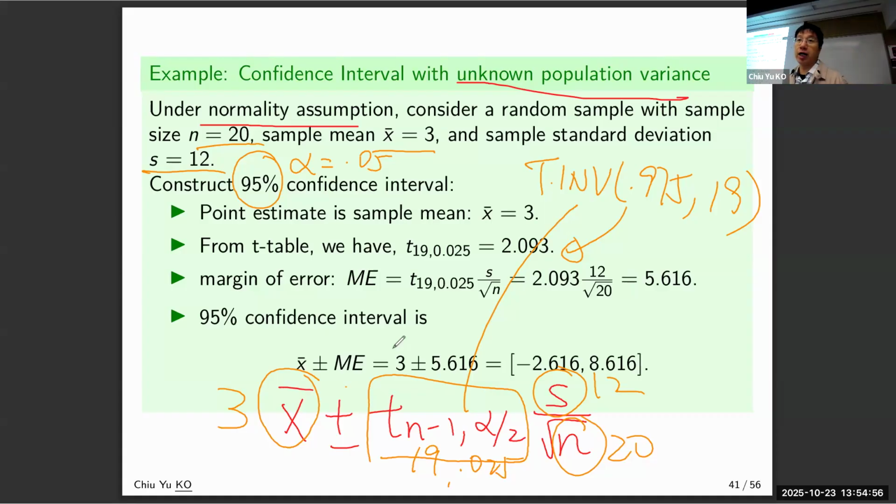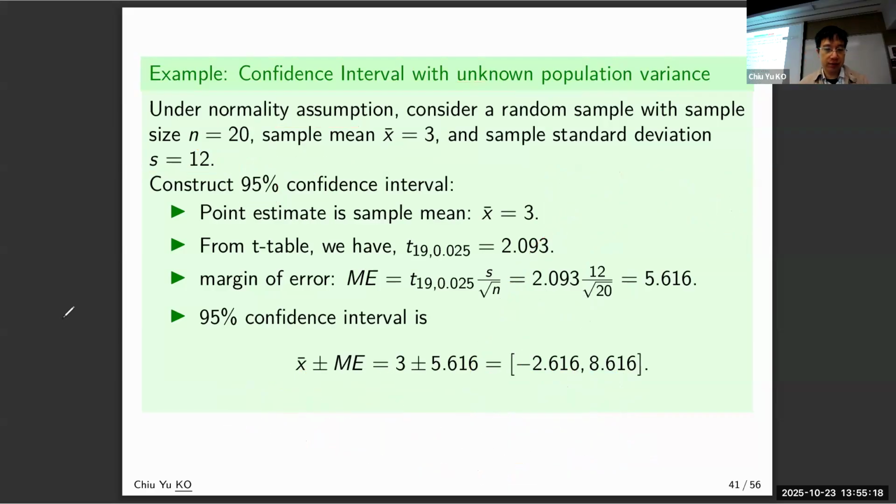We want to calculate the sample size. We reverse the formula. So what we will do in the next slide is, this is our margin of error, right? So we give you the margin of error, you calculate n for me. So just reverse the process. But let's go for it.